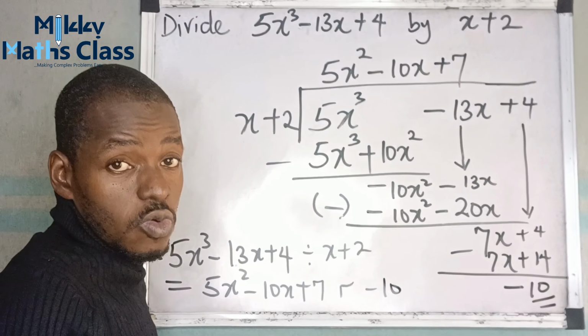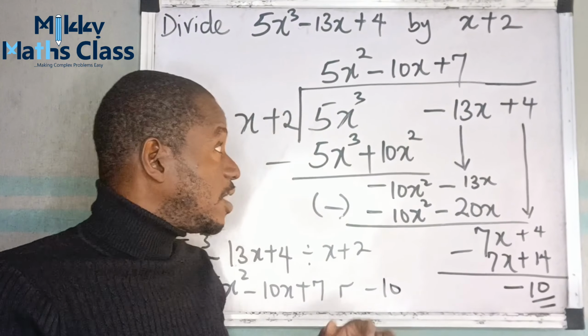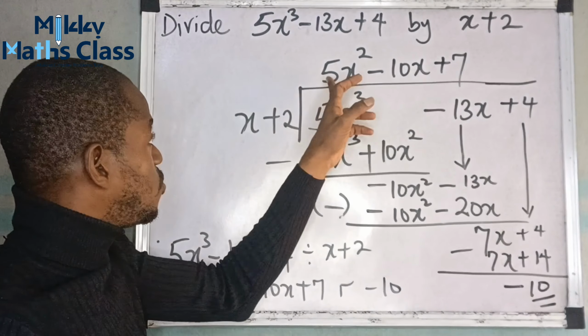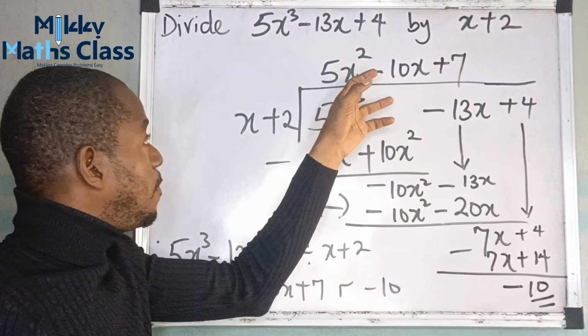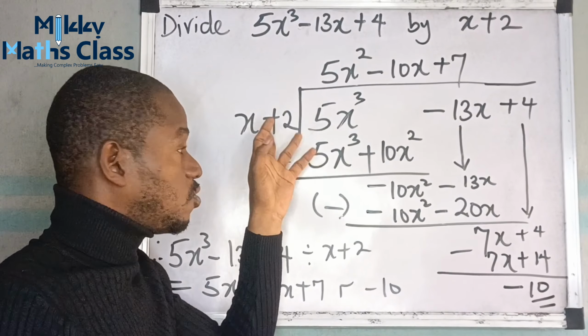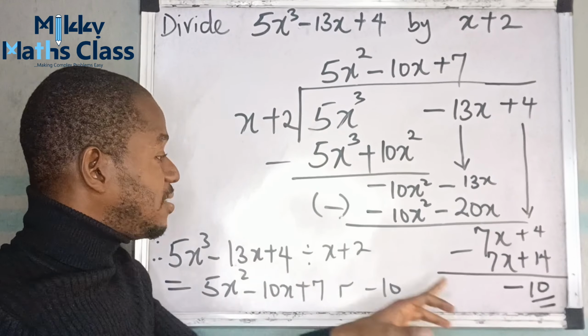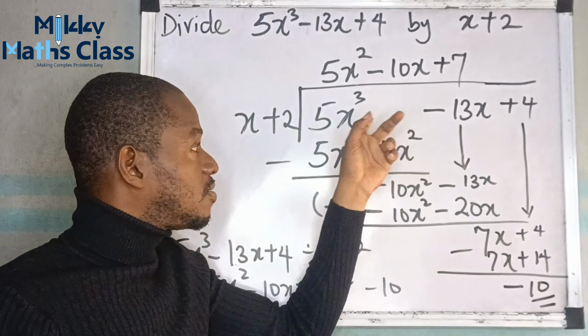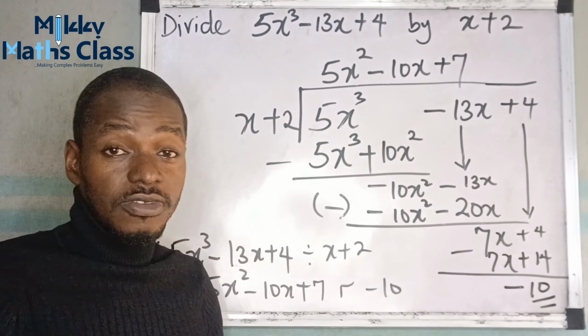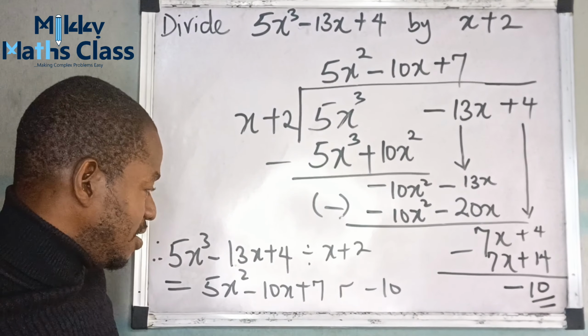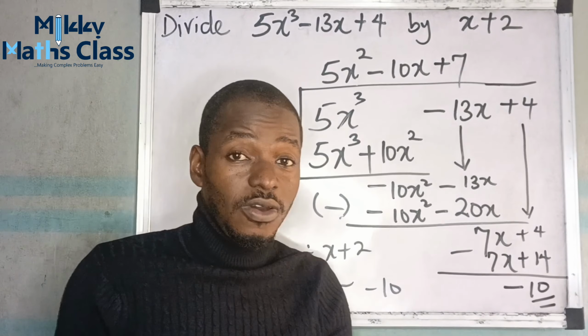So when you want to know if what you did is correct, like I said, look at the quotient, that's the answer you get when you divide. Multiply it by the divisor, what you are using to divide. Add the remainder, you must get the dividend. If you do not get it, retrace your steps. You can check if what we did is correct.